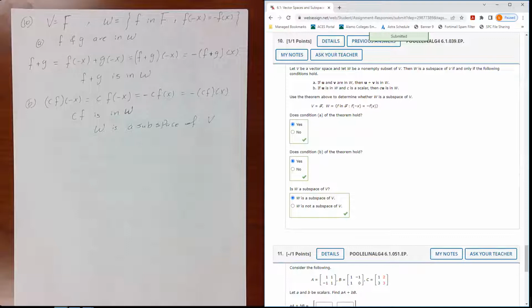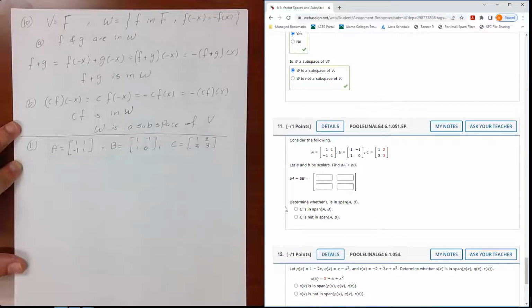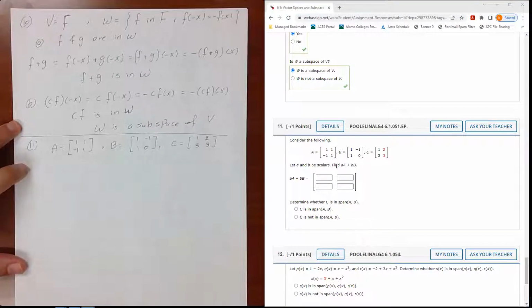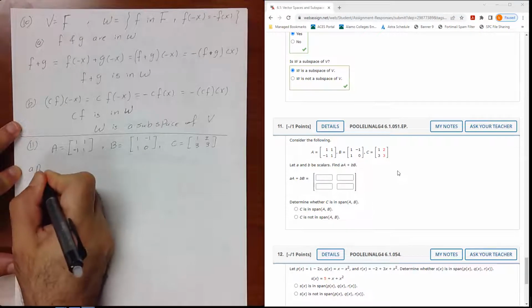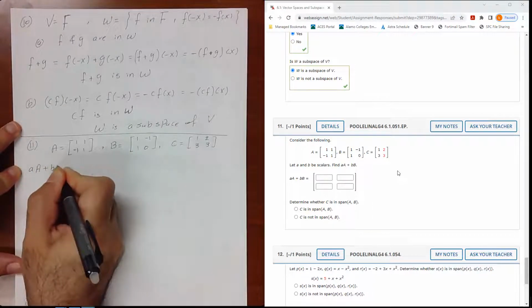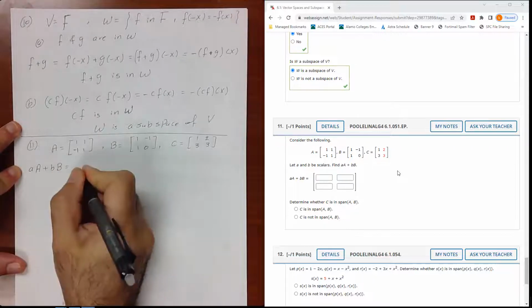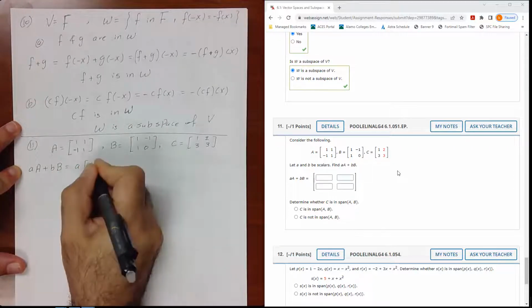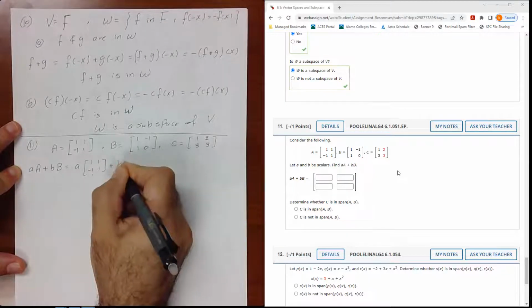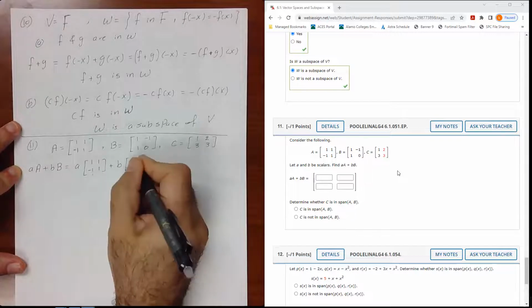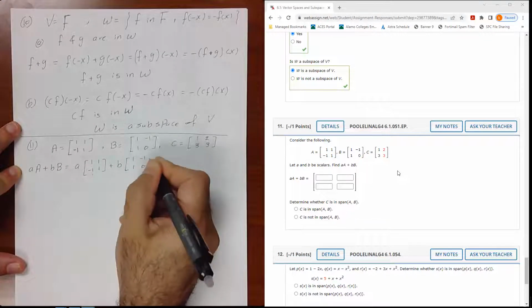That's it for example 10. So example 11, we have three matrices. They ask you to find a times the matrix A plus b times the matrix B. a and b are scalars. So that's what they ask you to find first. a times the matrix A plus b times the matrix B is equal to a times the matrix A, 1, 1, negative 1, 1, plus the scalar b times the matrix B, which is 1, negative 1, 1, 0.